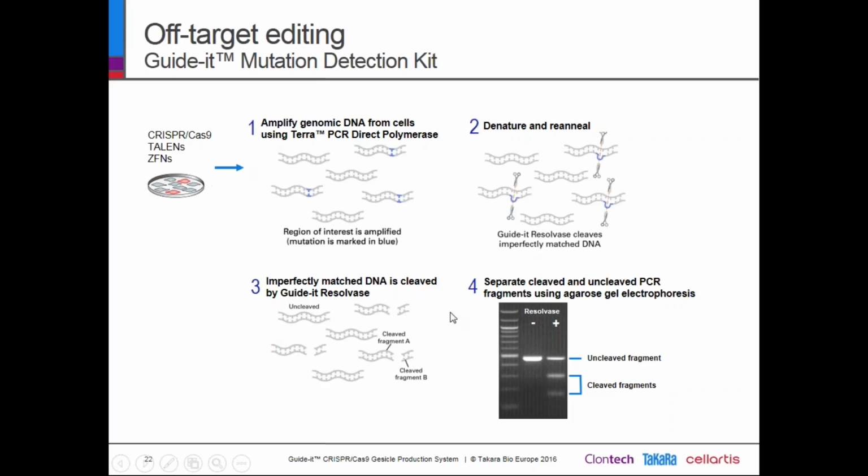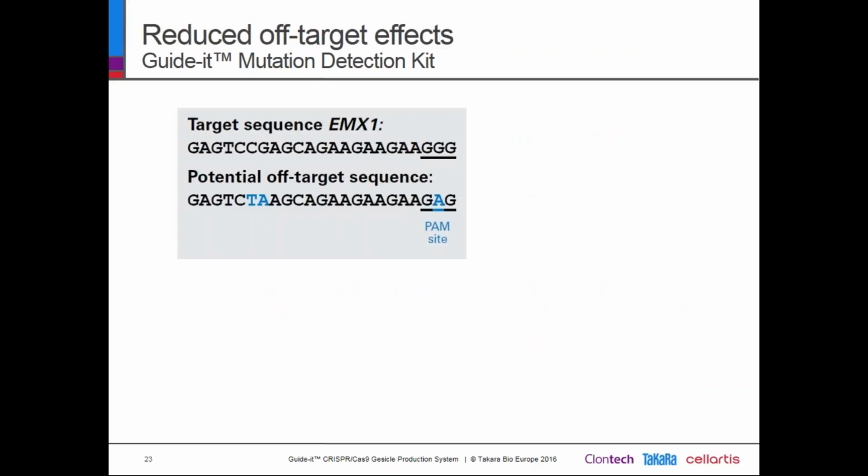Those mismatches will be specifically cleaved by the resolvase, and you can then run this on an agarose gel, and the ratio of uncleaved versus cleaved fragments will give you an estimation of the mutation frequency in your cell population.